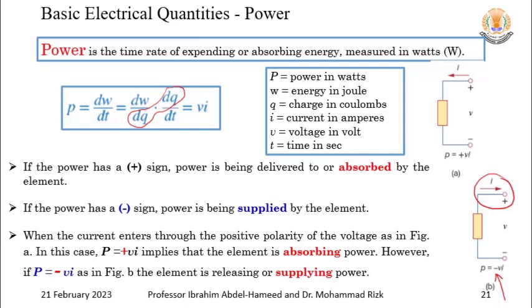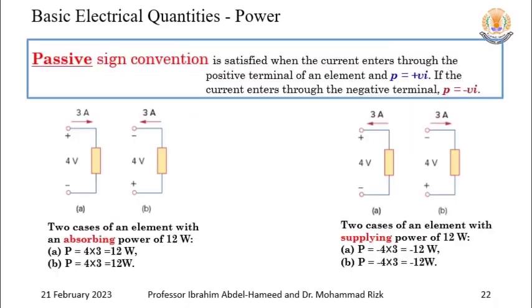Clear? You have an electric circuit, which means neutral, stable. So the total power supplied should equal in magnitude the total power absorbed. As a result, the summation of power should be 0. Very simple principle. Clear?